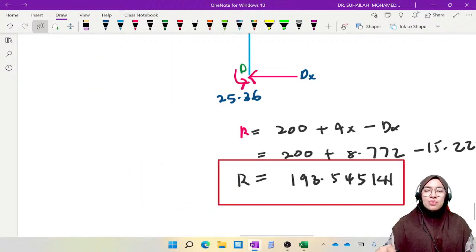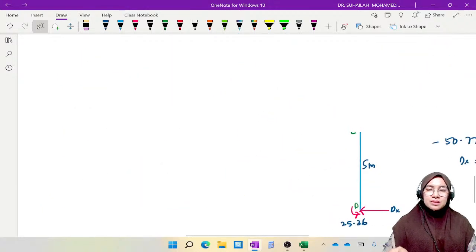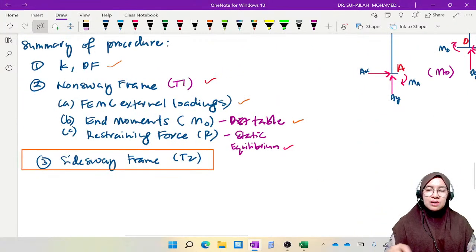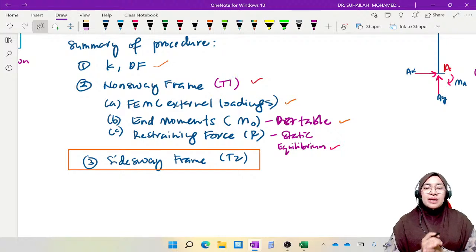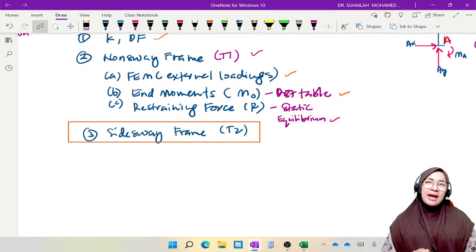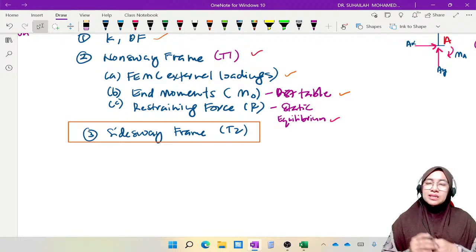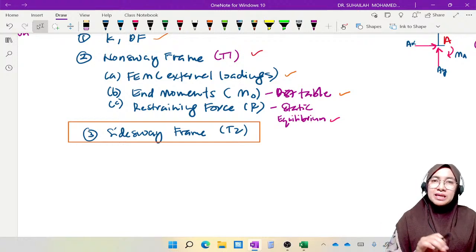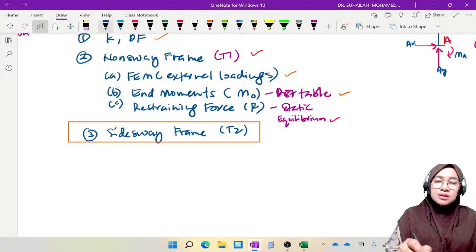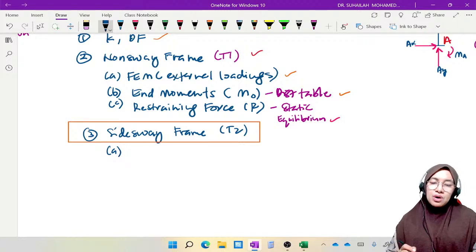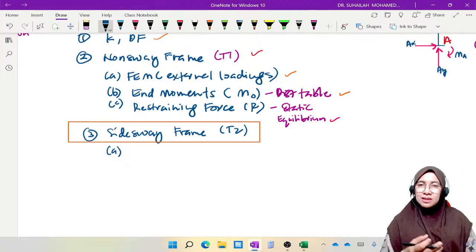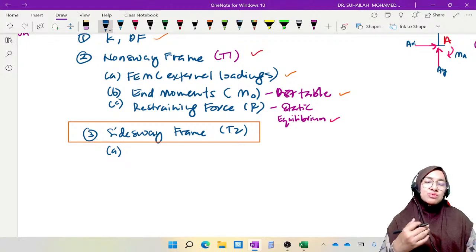Now let's move to step number 3. For step number 3, of course we need to have 3 subsections, the same as the subsections in the non-sway frame, step number 2. The difference is only in step A, because this FEM is due to delta, due to side sway.